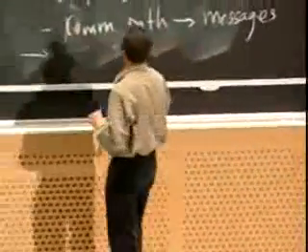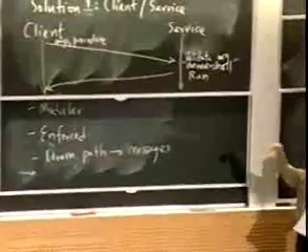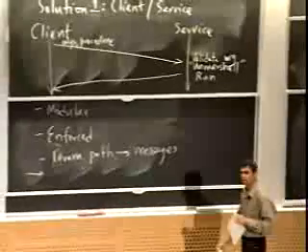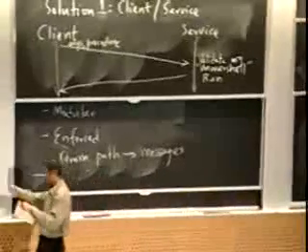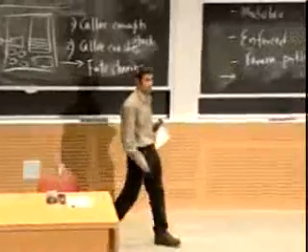Here you have a problem. If the service doesn't return, the client actually doesn't know what's going on. When you have two computers connected over a wire or over a network, it's extremely hard to distinguish between a service running really, really slow and a service that's gone away.